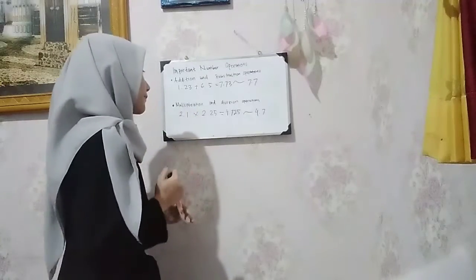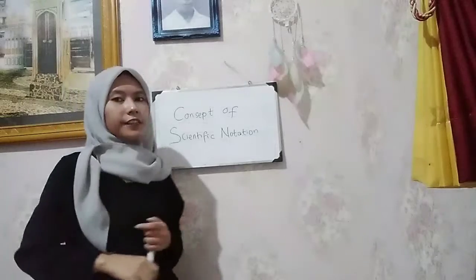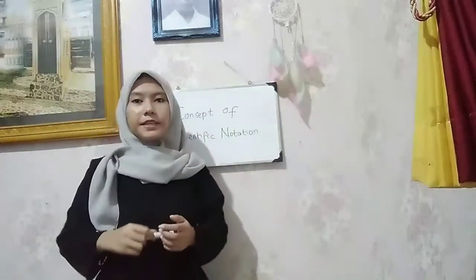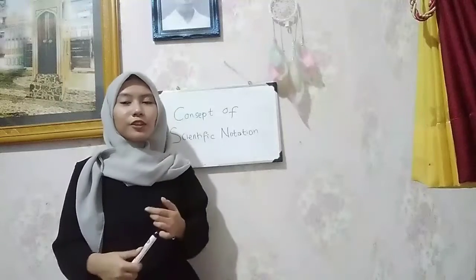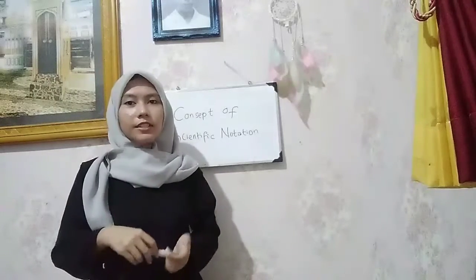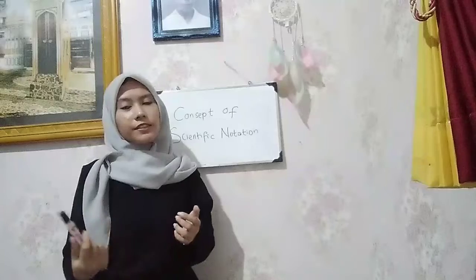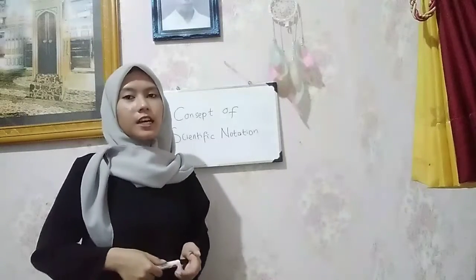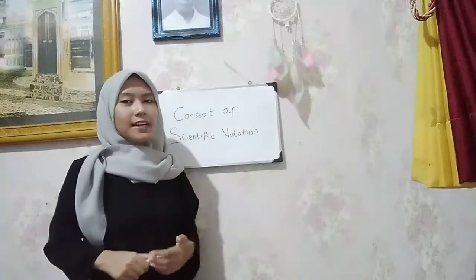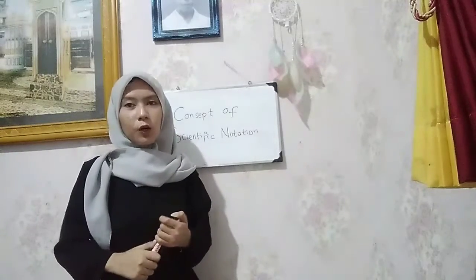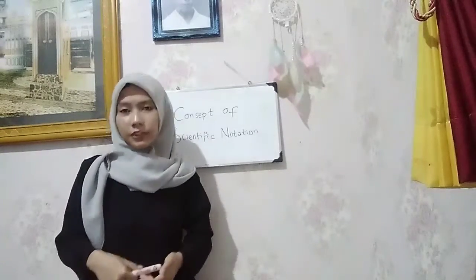Concept of scientific notation. It must be understood in physics. The magnitude of measurement results is not only tens, thousands, or hundreds of thousands, but also macro and micro scales. For example, the mass of the Earth or the mass of electrons.